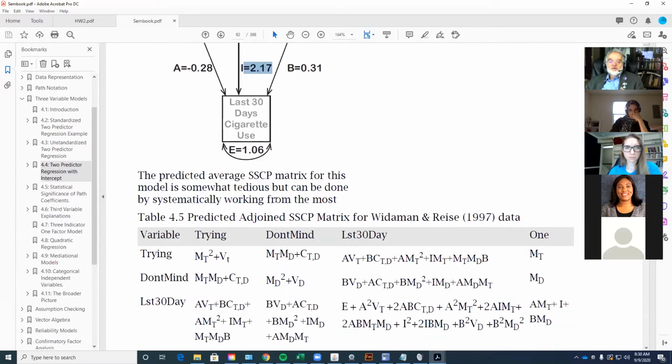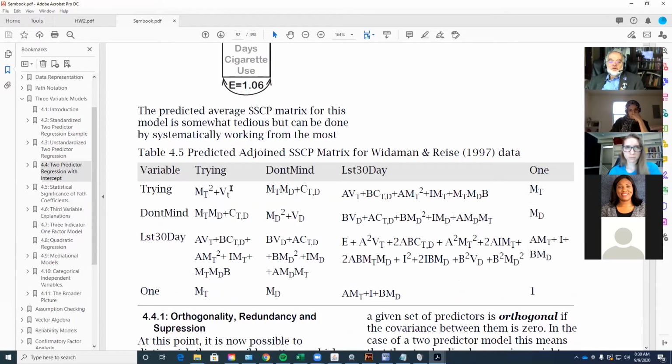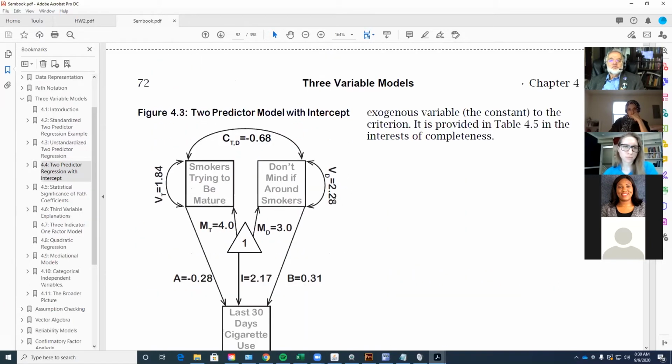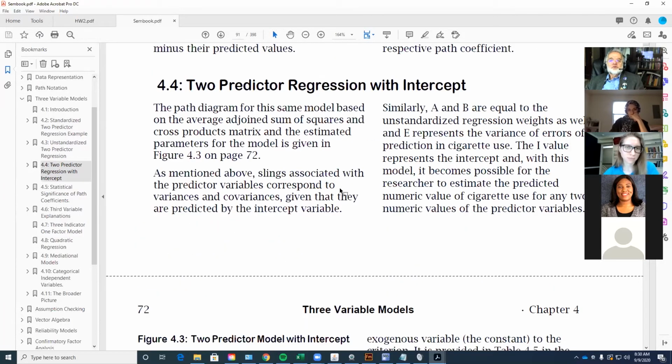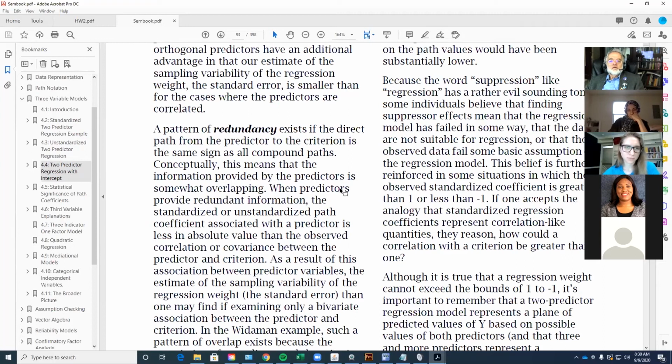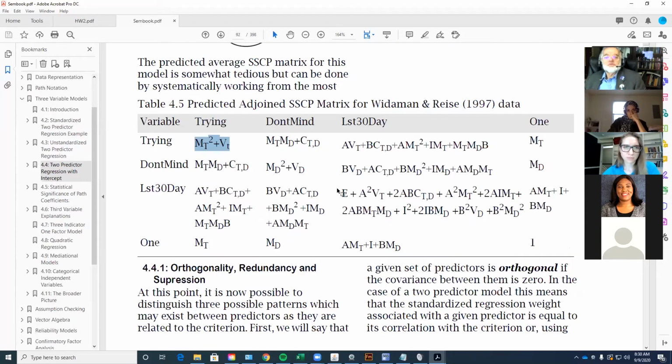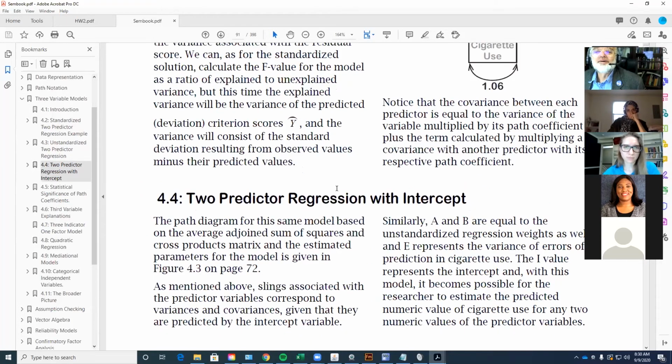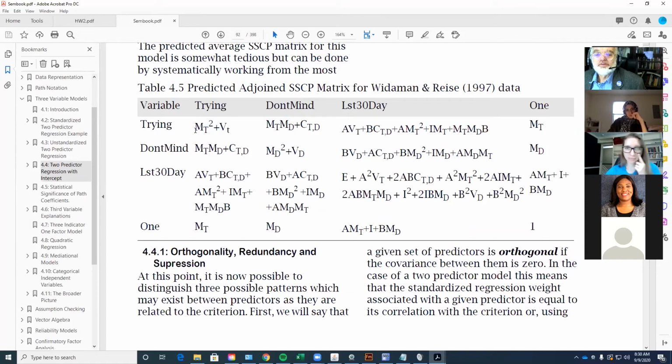And the little reminder is these numbers here, this part of the matrix that looks symmetric. I thought I had the adjoint sums of squares and cross products. I know it's in here somewhere, but this matrix is now the average sums of squares. It's not the variance.